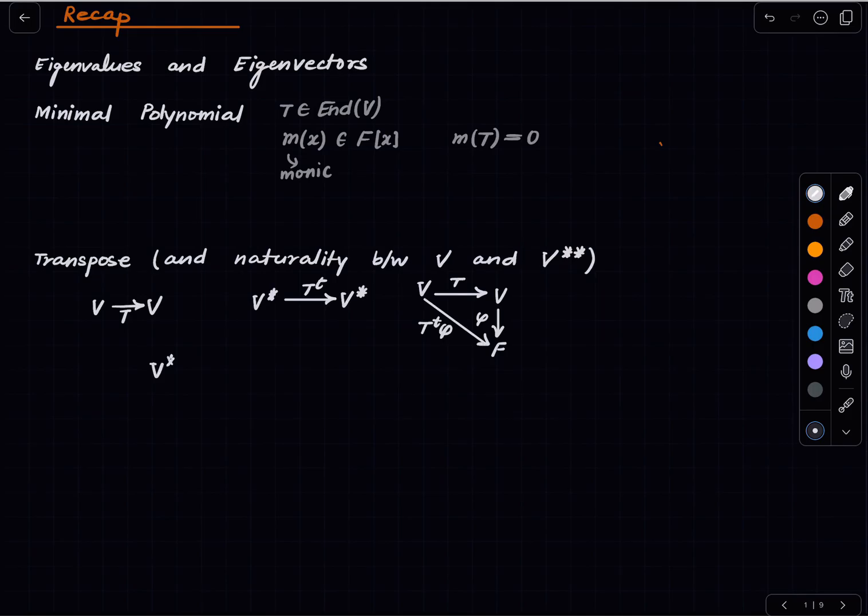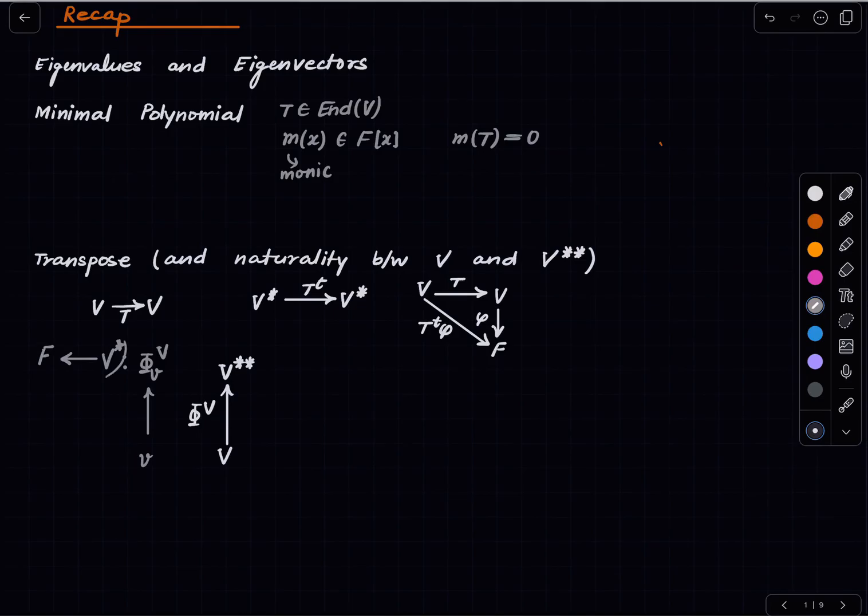And let us look at what was the isomorphism between V and V double star. So the map phi super V, what does it do? It takes a vector to, just by notation, it takes it to this guy. And what is the definition of that guy? It is a map from V star to F. Fine.